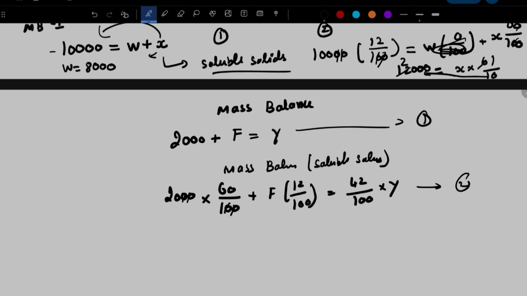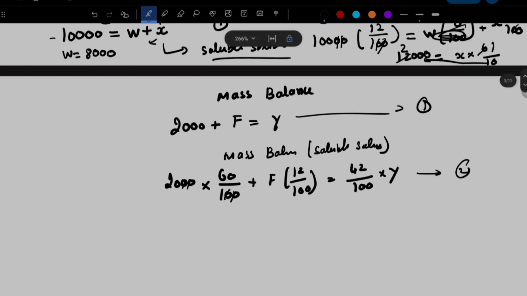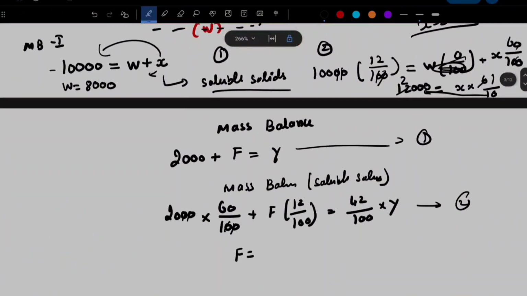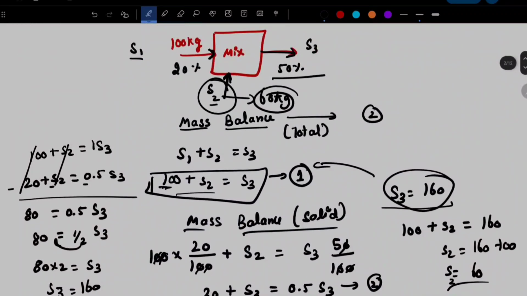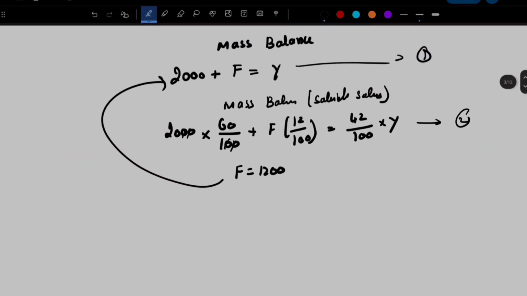Just simply cancel down all the values and solve the equations. Ultimately you will get a value of F, which is the fresh juice you are going to add, as 1200. Just like I did here, once you have the equations, you have to solve them.